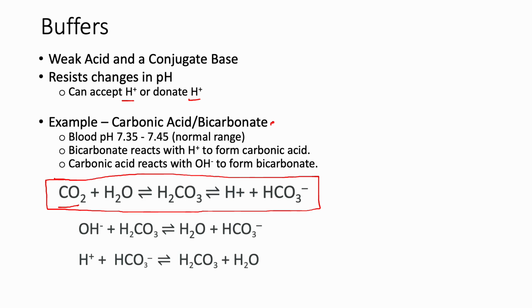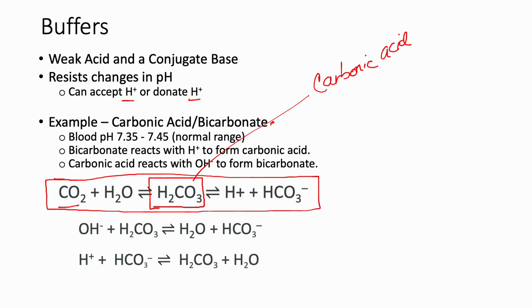Well, it can react with water because our blood is primarily water, or a good portion of our blood is water. And when carbon dioxide and water react, they can form this acid right here, H2CO3, which is carbonic acid. So I'm just going to draw a line right here and try to use my best handwriting. Carbonic acid. Okay. Now notice that those arrows go both ways, so that means this is a reversible reaction.